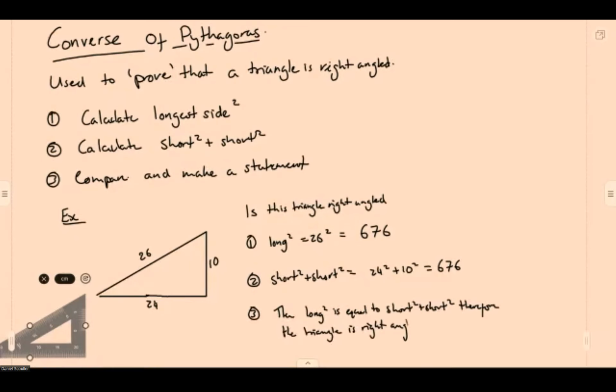It's as simple as that. You don't need to label it 1, 2, 3. Long side, figure that out. Short side squared plus short side squared, figure that out. If the numbers match, then it's a right angle. If the numbers don't match, then your statement is long side squared does not equal short side squared plus short side squared. Therefore, the triangle is not right angled.